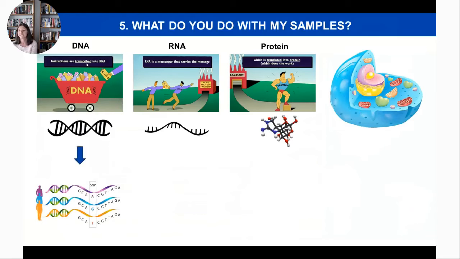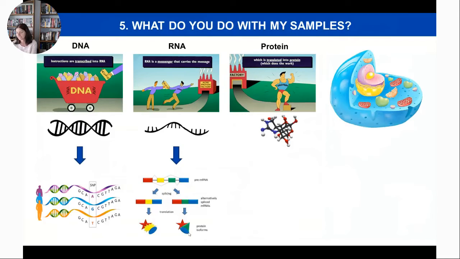So from the DNA, we can look at your DNA sequence and see if you have any variation in your sequence that can either cause the disease or can make you more at risk of developing a disease. And then in terms of the RNA, we basically make a copy of the DNA. And this is sort of a shorter version of the DNA. So you can cut the copy in different ways, leading to different proteins.